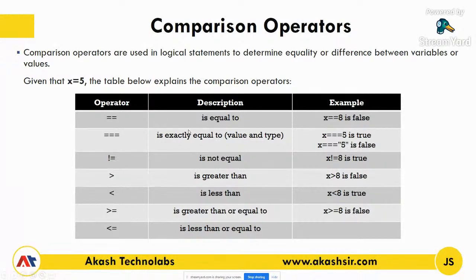What is the difference between double equals and triple equals? In double equals, it will check your value. In triple equals, it will check your value and data type, right? And not equals, greater than, less than, greater than or equals to, less than or equals to. So these are simple operators which are also available in C programming.